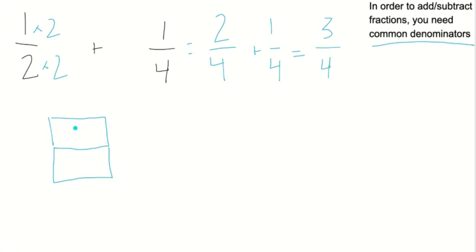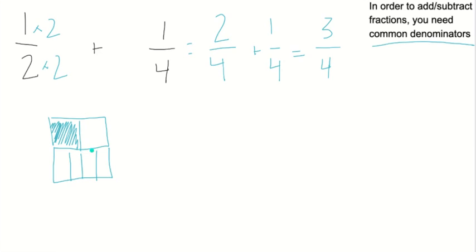So this first cake I'm going to cut into half. And I'm also going to cut this cake at the bottom into fourths just so that we can see what's going on. Okay, so I have half of a cake, one out of the 2 pieces. So I'm going to highlight that in. And I'm also going to add a 4th.